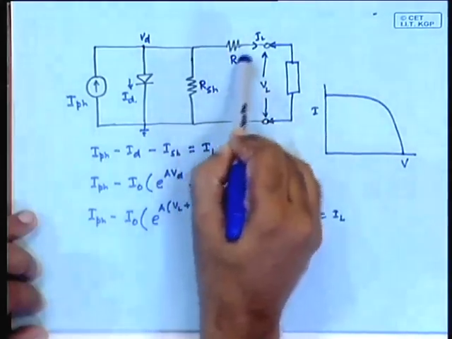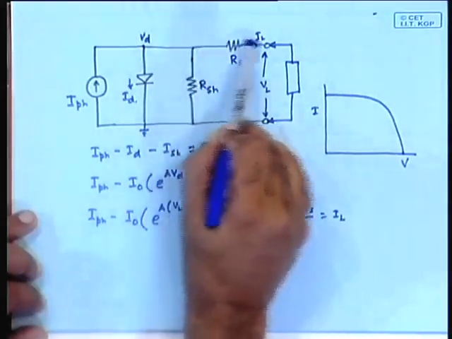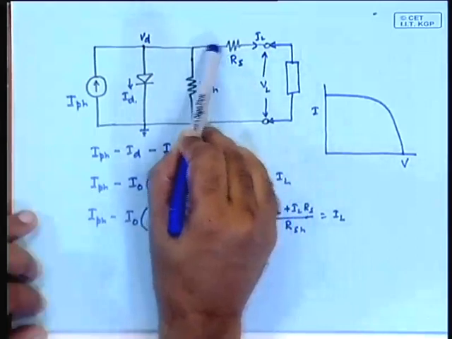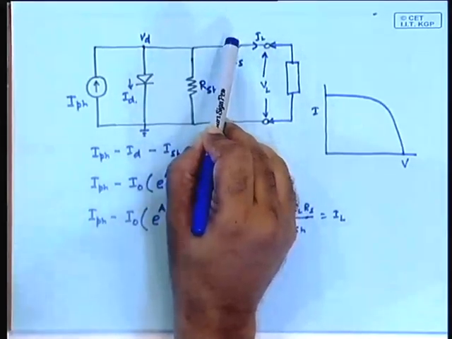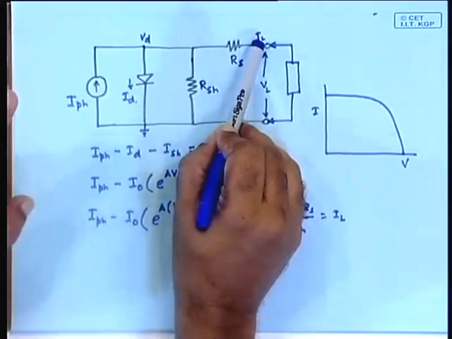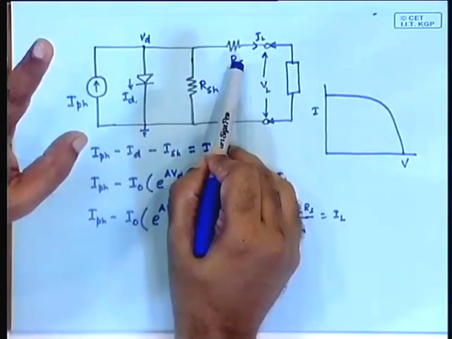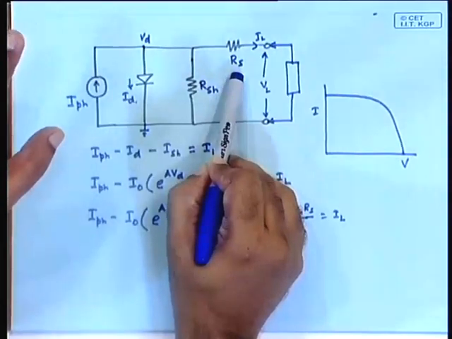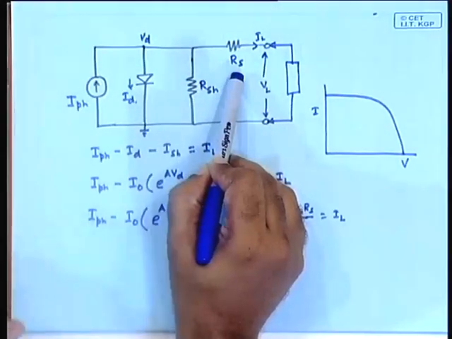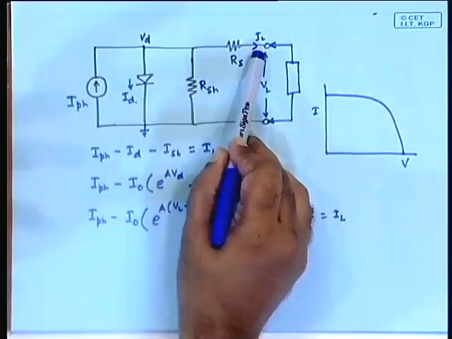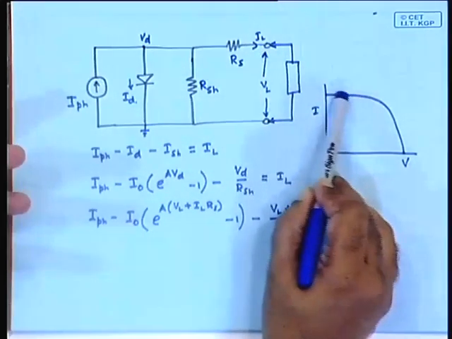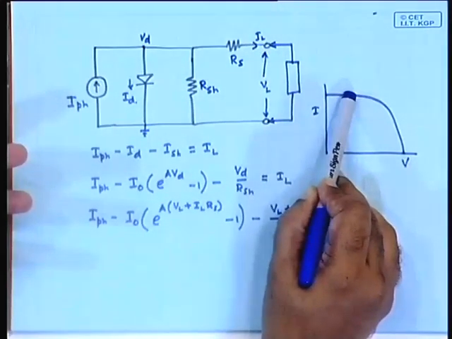So, RS is connected in a place where you have IL directly passing through it. So, if IL is very small, there RS will have very little effect. So, RS will have maximum effect where the IL is large, around this part of the curve, right.